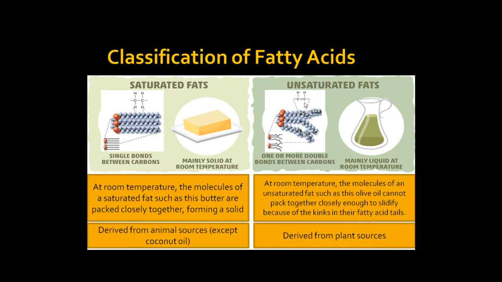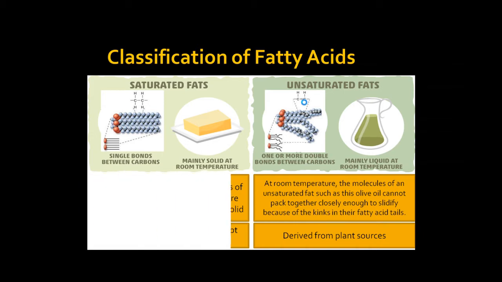Saturated fatty acids are derived from animal sources except coconut oil. That means ghee, butter, etc. They are all saturated fatty acids. And unsaturated fatty acids are derived from plant sources like olive oil, mustard oil, etc.